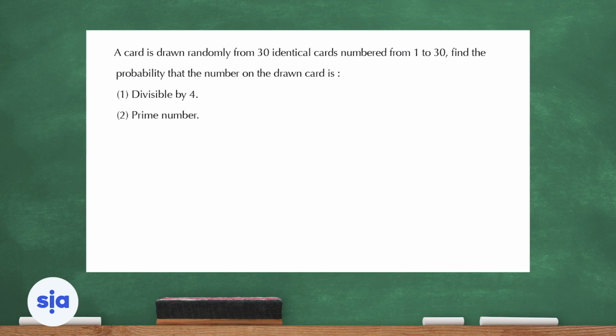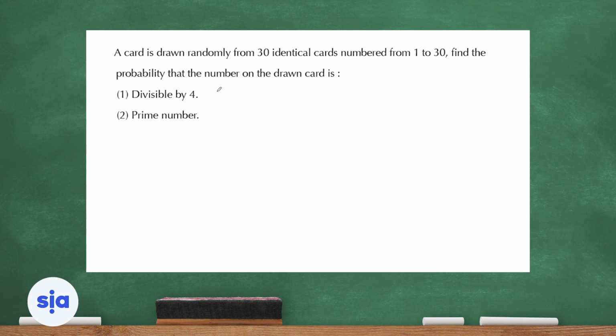A card is drawn randomly from 30 identical cards, numbers from 1 to 30. Find the probability that the number on the drawn card is divisible by 4. Let's first go and check what numbers from 1 to 30 are divisible by 4. Okay, the numbers that are divisible by 4 are the multiples of 4, right?